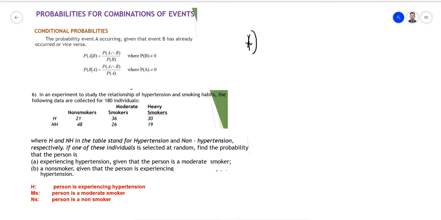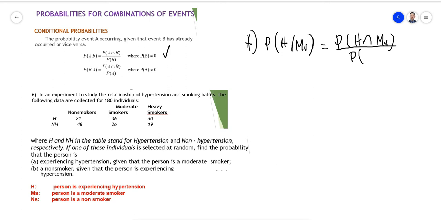We will write here P(H given MS). We will have P(H intersection MS) over our denominator, which is P(MS), the moderate smoker.